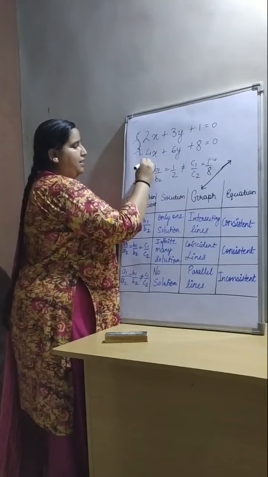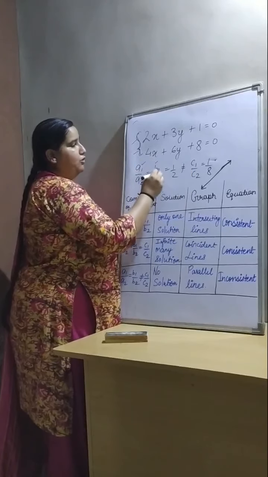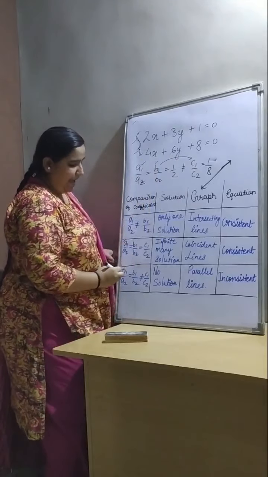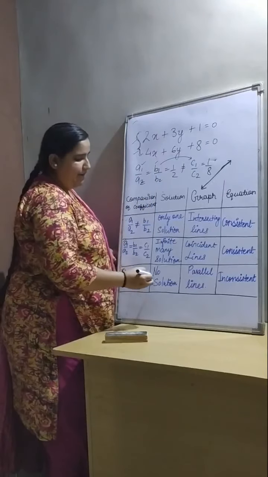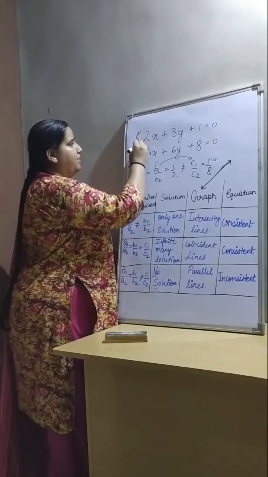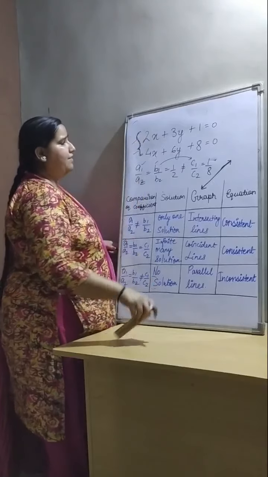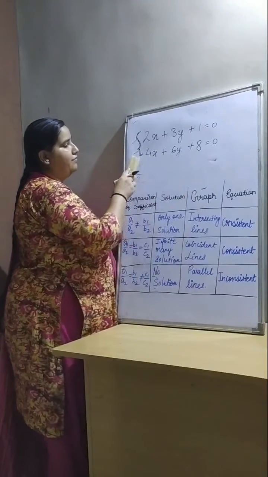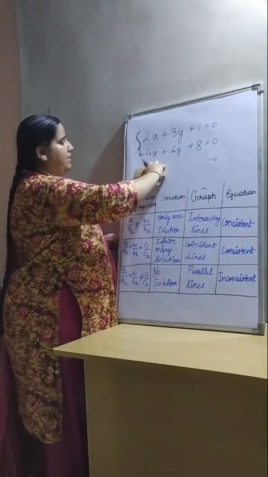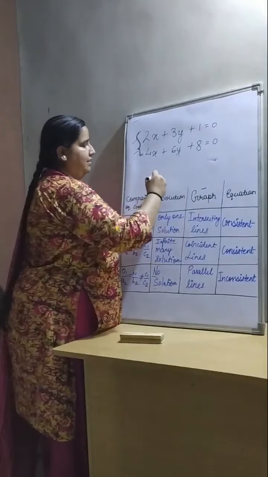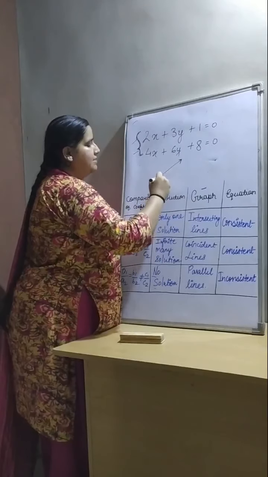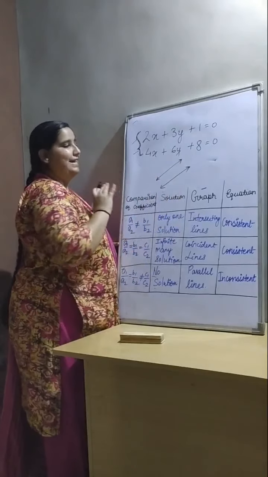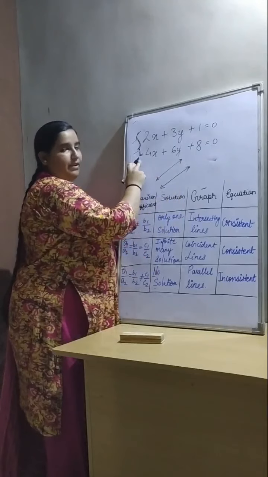That means for this kind of situation, we have no solution. If we plot the graph of these two equations, the graph will come as parallel lines. Both these lines are never going to intersect each other, so there is no solution for this kind of equation.